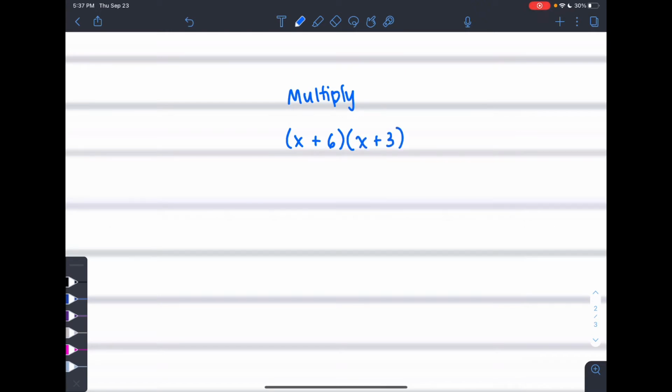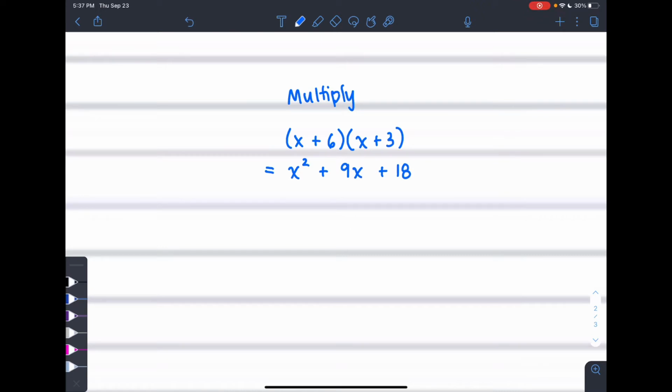So when we do this, we would either FOIL or use the box method to find that we get a trinomial, and in this case this would equal x squared plus 9x plus 18.